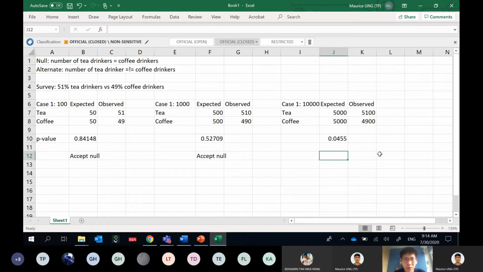Yeah, you reject the null hypothesis. So the sample size does make a difference. If you use percentage, you will just end up in case 1.